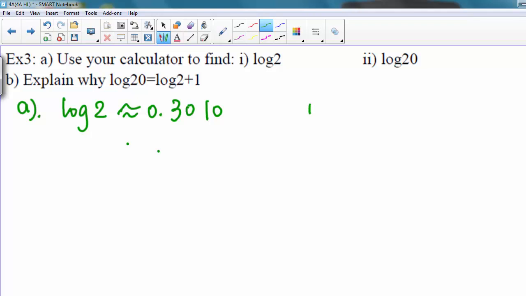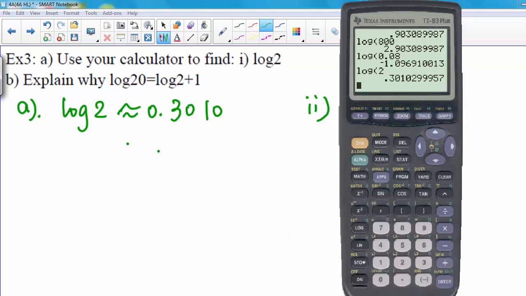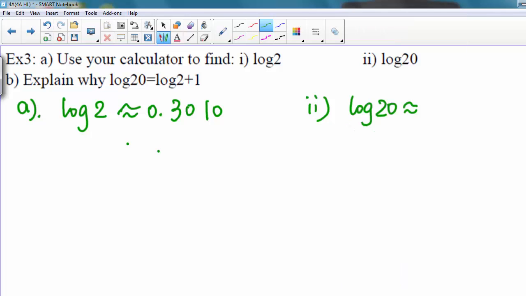So let's look at what is log 20 then. So log 20 is around 1.3010.